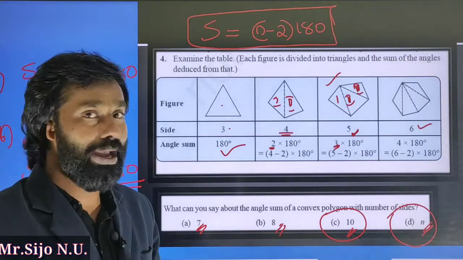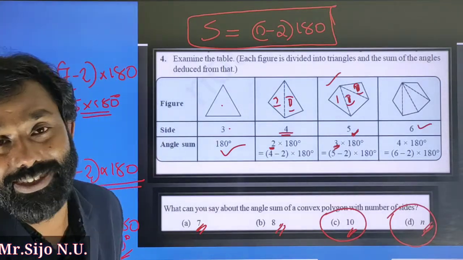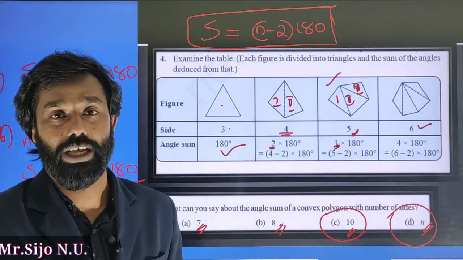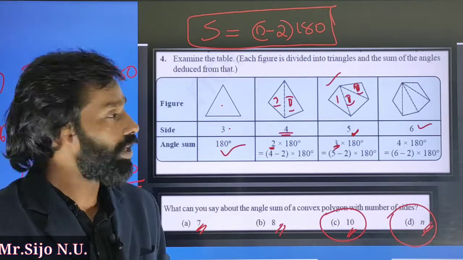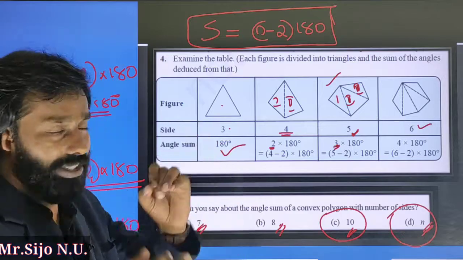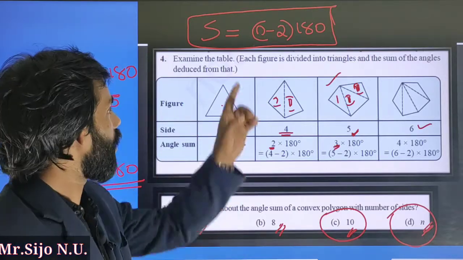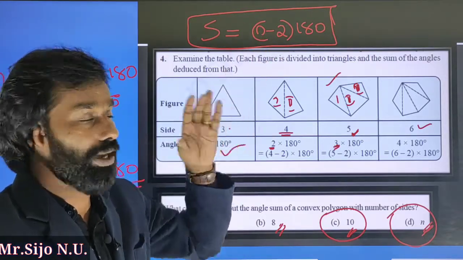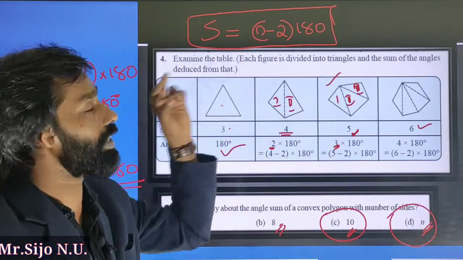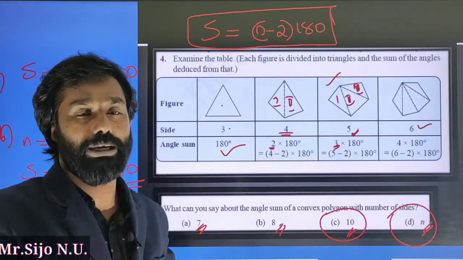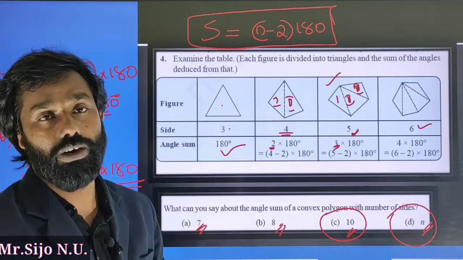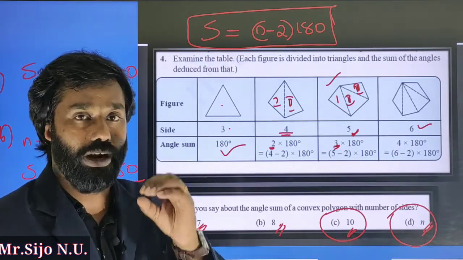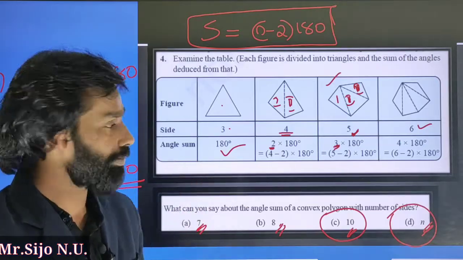So if we get a polygon of 20 sides, 30 sides, 100 sides, whatever it is, we can easily find the sum of the angles of that polygon. It's very simple. Just check how many sides there are: the number of sides minus 2, into 180. That should be the sum of the measures of the interior angles. So this is called the angle sum property of a polygon, right?